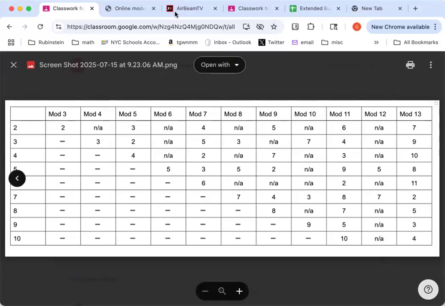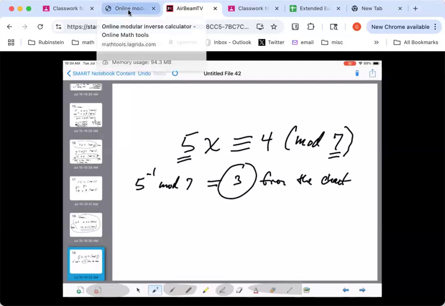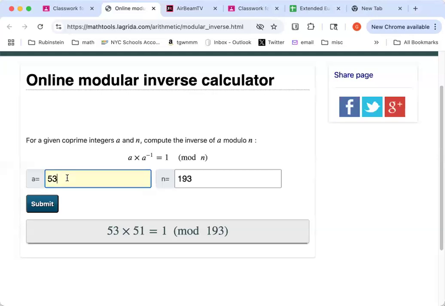This is just looking at it from the chart, equals 3. So as long as our chart has this number as a row and this number as a column, I can look up this number on the chart. Or if I want, I can go to my handy online modular inverse calculator and type 5, 7, and it says 3.